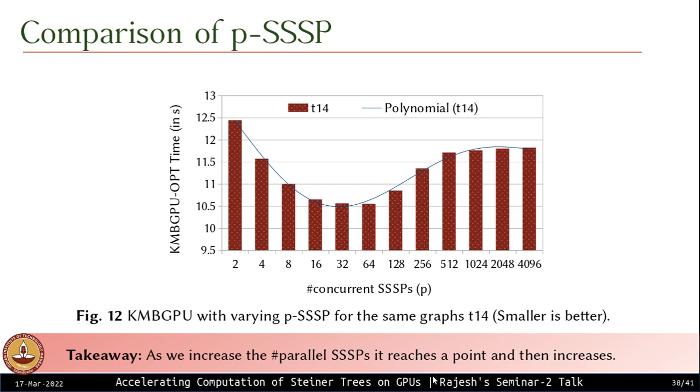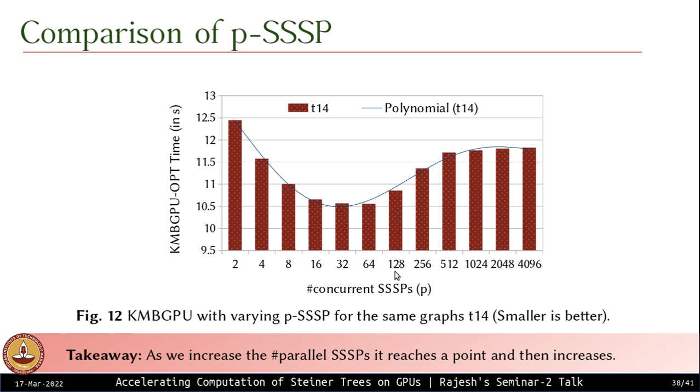One other important thing to note, and we were also surprised by this, is when we increase the number of concurrent SSSPs beyond a range, we observed this pattern of performance. The running time kept on decreasing, and then it started increasing after a certain period of time and then tapering out.